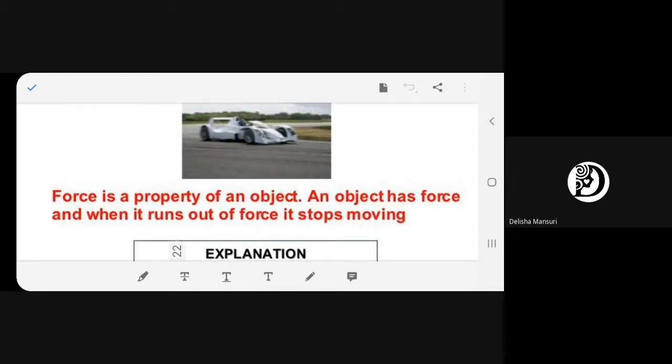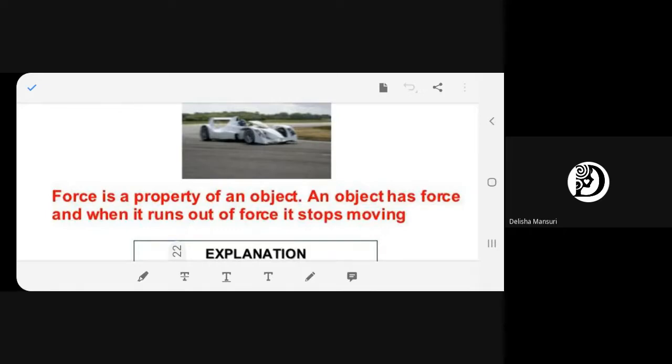In case of a bicycle, you have a cycle at home, isn't it? In case of a bicycle, you are pedaling it. You stop pedaling, after some time the cycle will stop. In the car and other vehicles, the force is petrol or diesel.